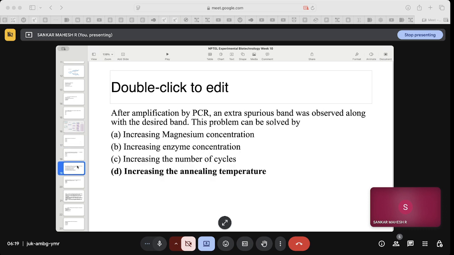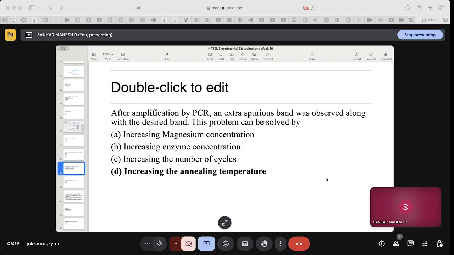The next question is, after amplification by PCR, an extra spurious band was observed along with the desired band. This problem can be solved by dash: increasing magnesium concentration, increasing enzyme concentration, increasing the number of cycles, increasing the annealing temperature.